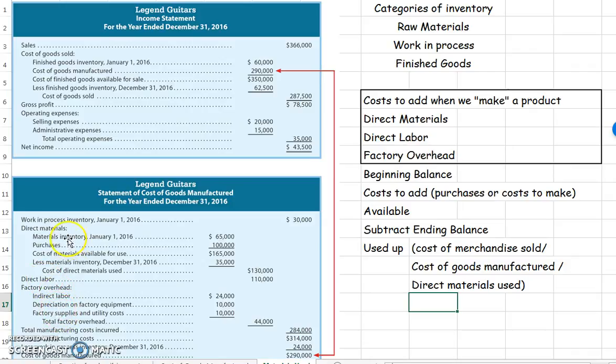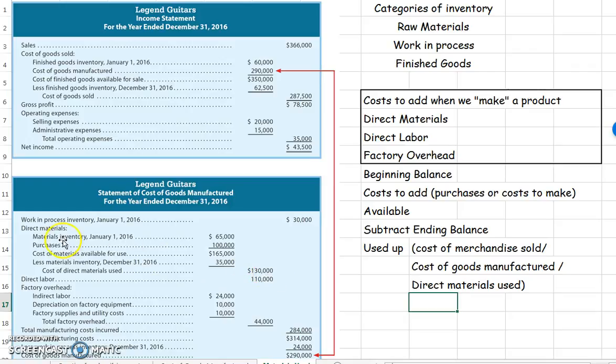Only for direct materials, I wasn't automatically given how much materials I used. Again, I had to calculate it. I calculate it using the same scenario. I say materials inventory, so now I'm talking about my raw materials that I start with. Beginning inventory plus my purchases gets me to my available for use. Subtract out my ending inventory, and that tells me my cost of direct materials used.